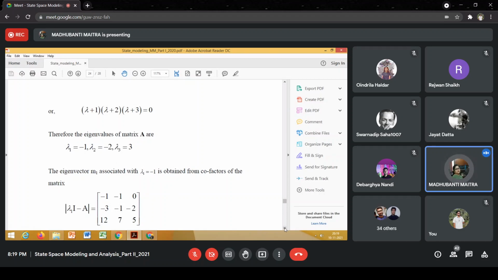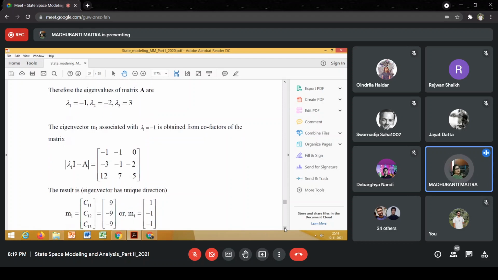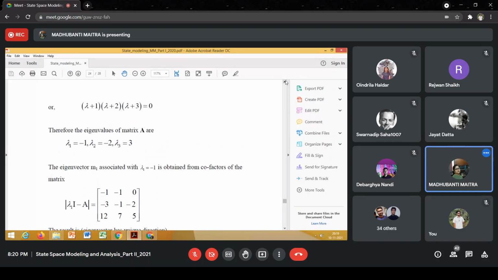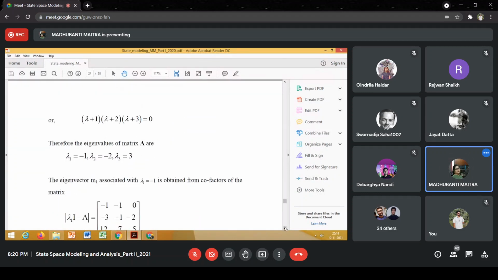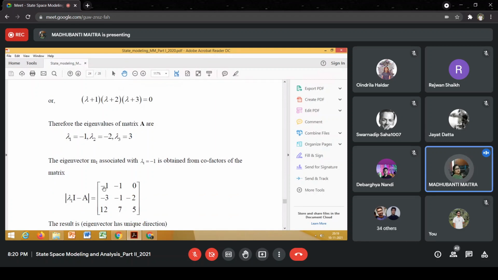Lambda 1 I minus A will be a matrix, not a determinant. In this matrix, the lambda value will simply be minus 1. So the matrix will be minus 1, minus 1, 0, minus 3, minus 1, minus 2, 12, 7, 5.